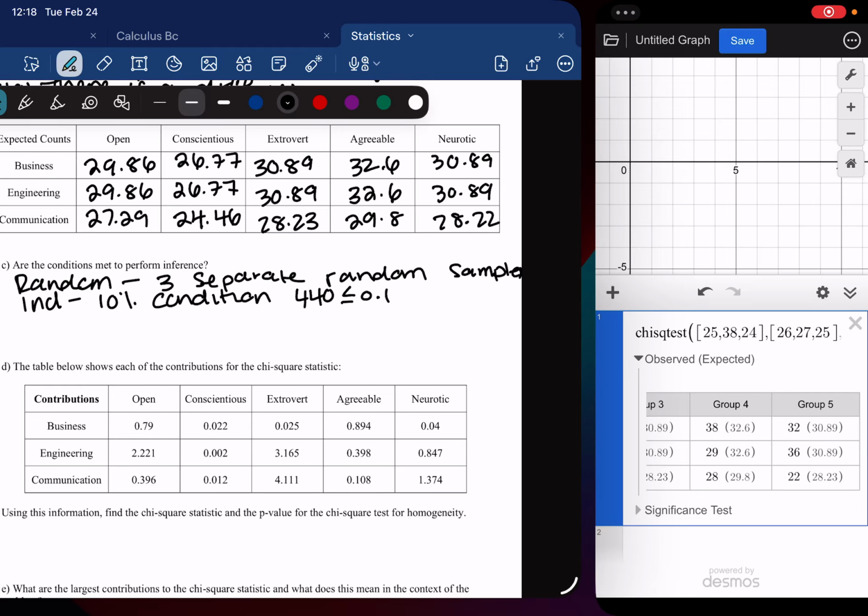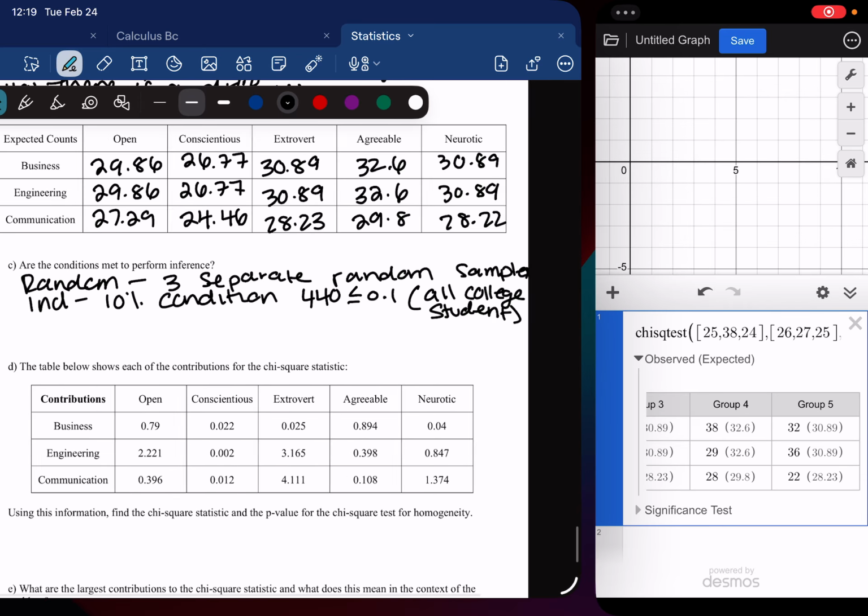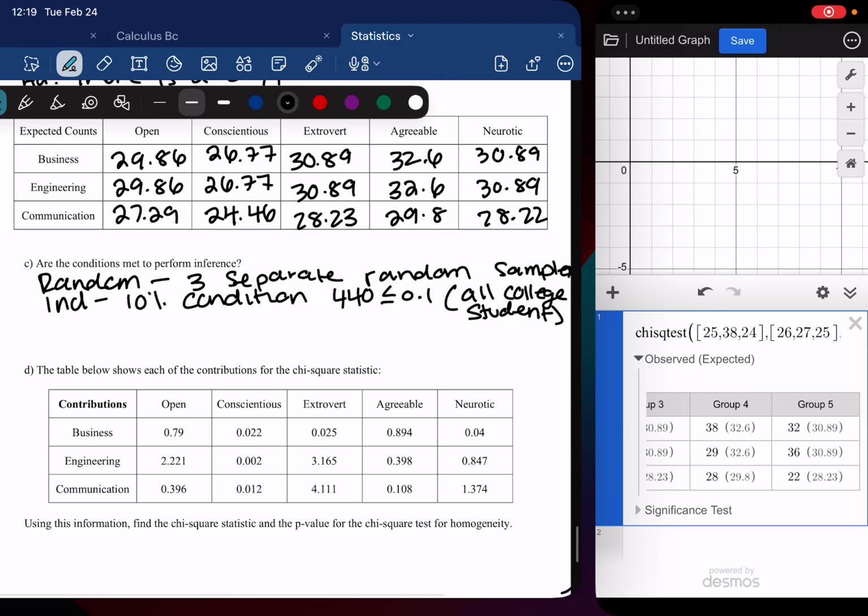Okay, all people in the university, or you can say all college students. Just make sure you emphasize that we're talking about college. You can't just say all students, because then you're including high school students in there, when really we just looked at college students. So as specific as possible.